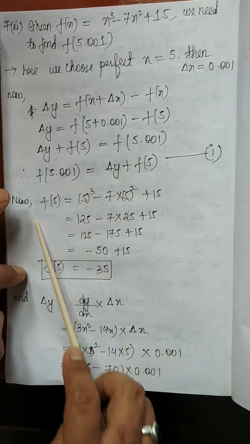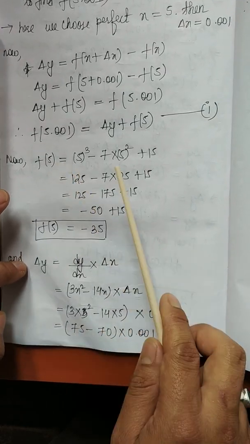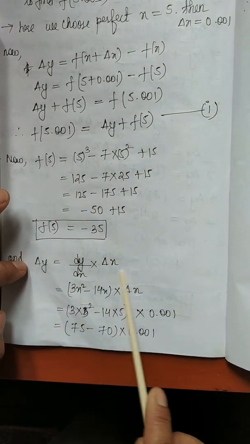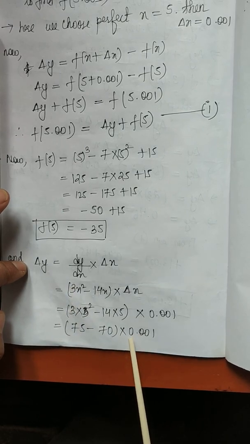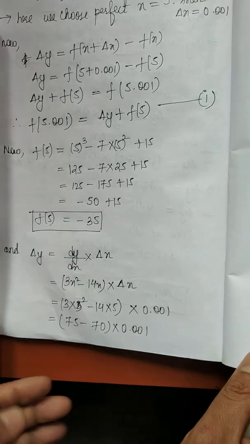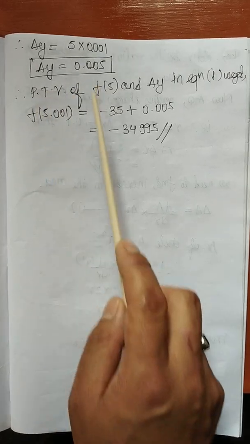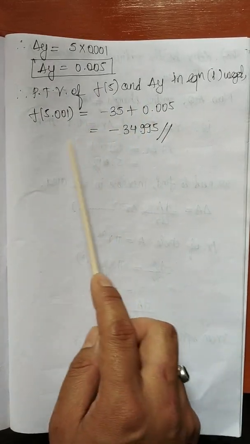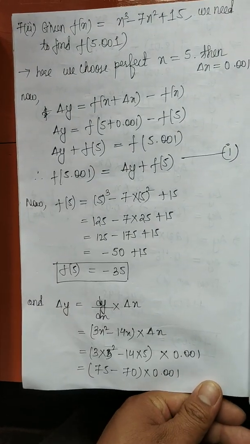The calculation of f of 5 is out here, you'll get minus 35. The calculation of delta y, on calculation you'll get 5 into 0.001, that is 0.005. Put the values for delta y and f of 5 in equation number 1, and we get the final answer. Okay, so pause the video to note down.